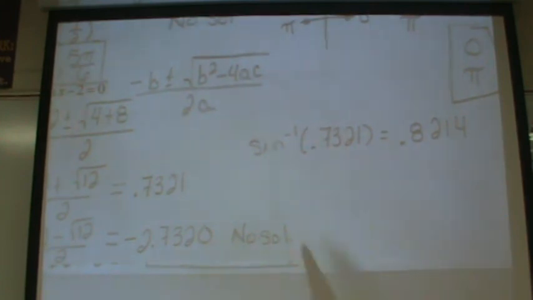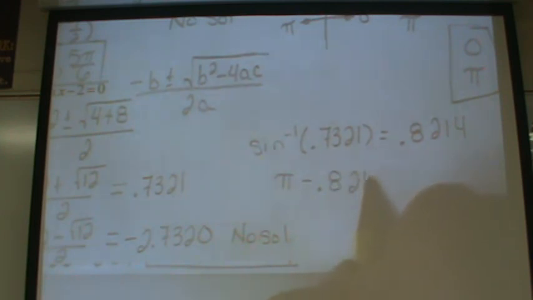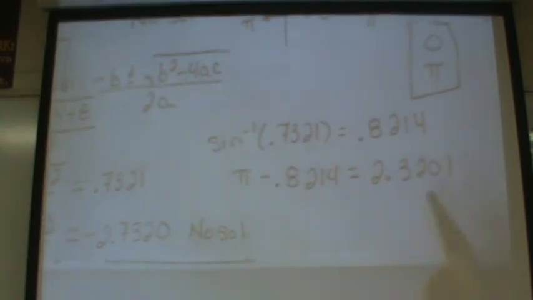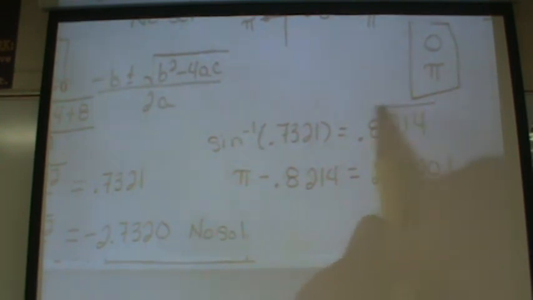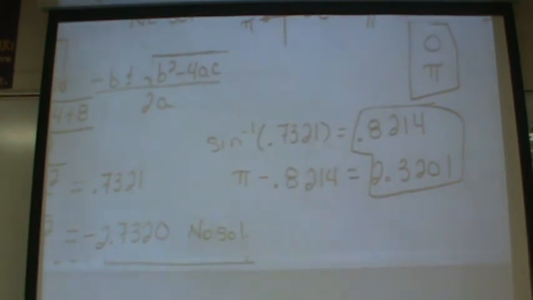So that's our first quadrant one, and we have to think where else is sine positive. Sine's also positive in the second quadrant. So we're going to take pi minus this value, 0.8214, and that gives us 2.3201. So again, because we're between 0 and 2 pi, these are our two answers, and you don't have to add or subtract that 2k pi. So these two values are your answer for 18. And that completes 8.3.